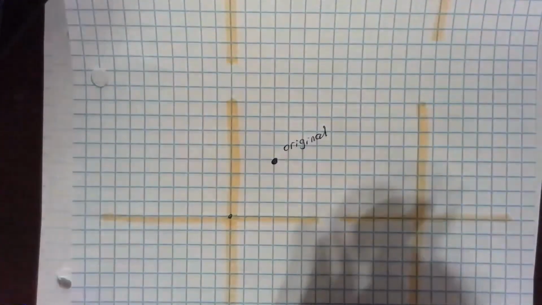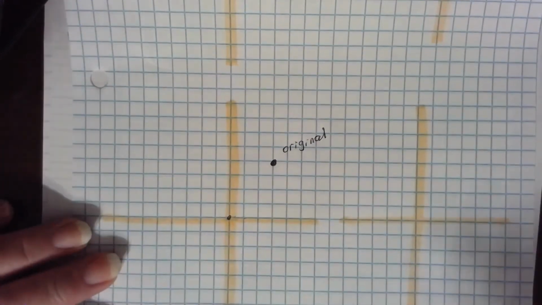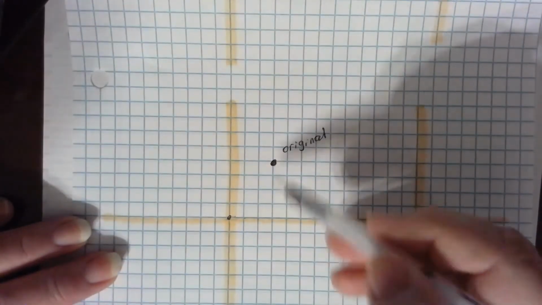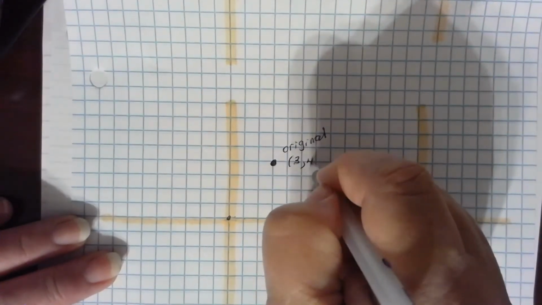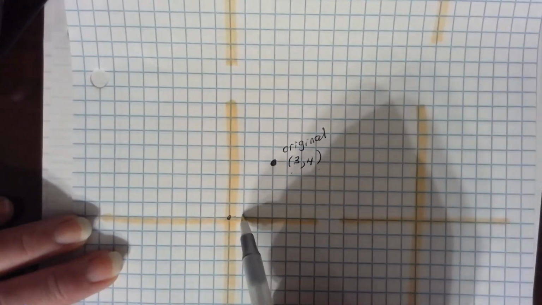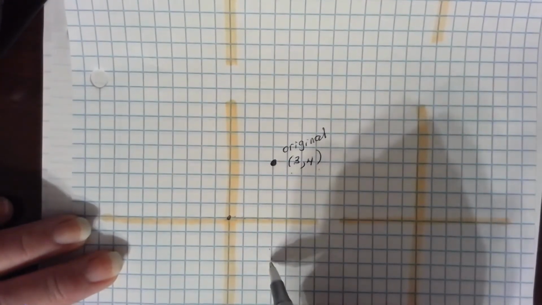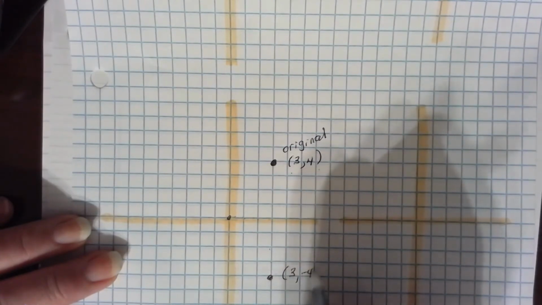Alright, the problem told me, part A, graph it with respect to symmetry with the x-axis. So I want to flip it over the x-axis. That means I change the sign of the y. So I'm going to graph the point 3, negative 4. 1, 2, 3, 1, 2, 3, 4. So 3, negative 4, that one has x-axis symmetry.